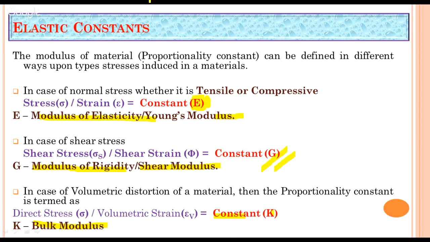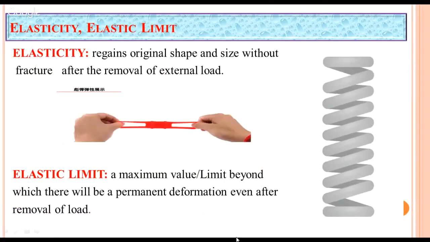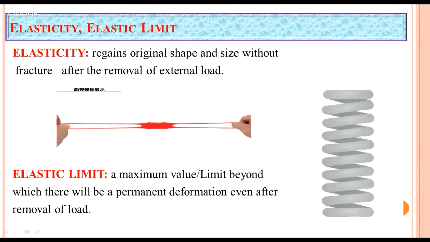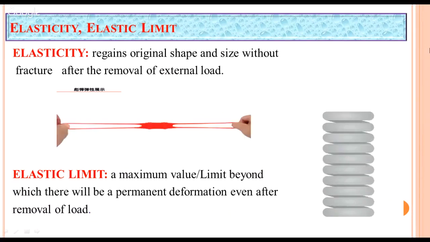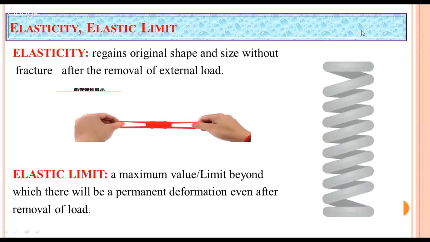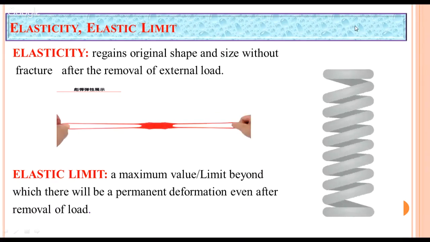This helps in understanding the elastic behavior of materials under loading conditions. Next, we'll move on to today's topic, elasticity. First, what is meant by elasticity? We know that every material undergoes deformation, or some change in size or shape, due to the action of external loads.